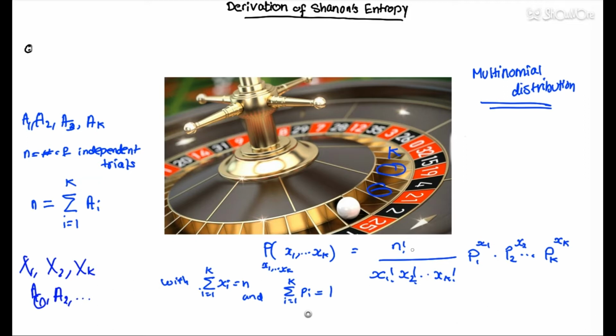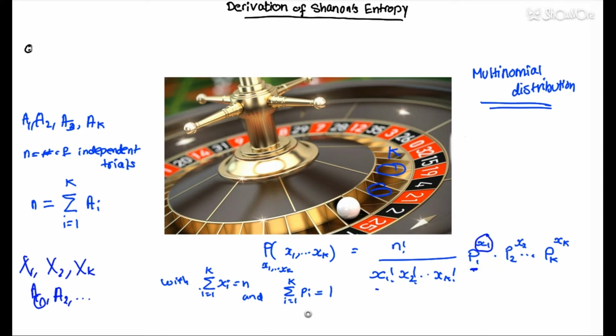Using the formula, in our case, we can say that n factorial over x1, which in our case is a1, the number of occurrences of the first outcome, factorial, and then multiplied by the probabilities to the power of the occurrences.